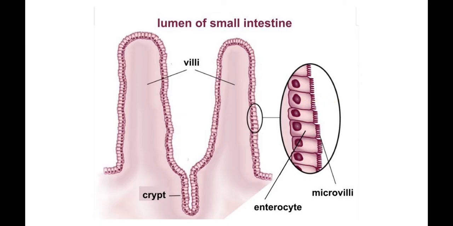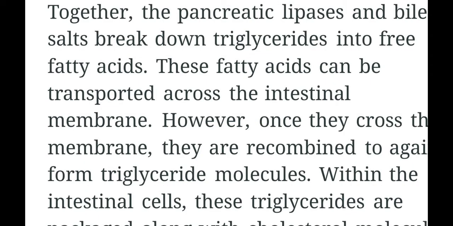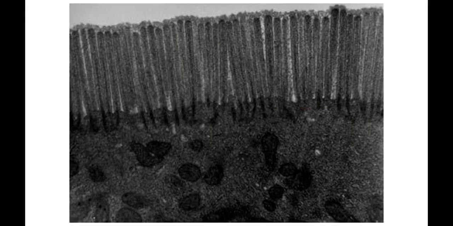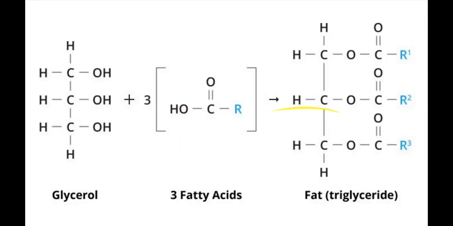But interesting that once they cross the membrane, they recombine to form the fat molecules again. Yeah, so this is under the microscope. We see these cells which absorb fatty acids and monoglycerides, and then what is happening again? Glycerol reacts with fatty acids, and we are getting fat.